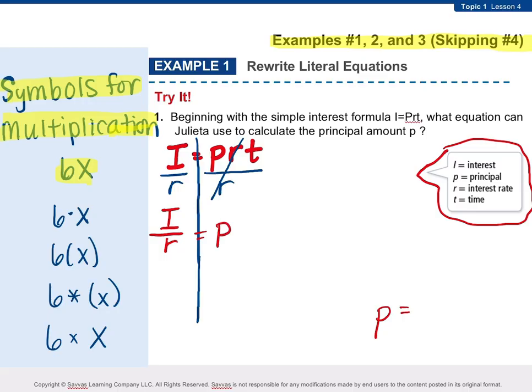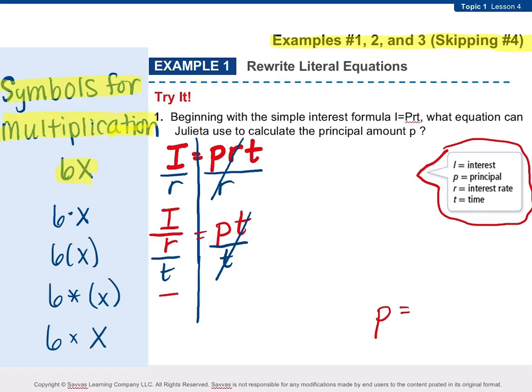equals P times T. Again, I want to get rid of the T. The opposite of multiply is divide. T divided by T is 1. They cancel each other out, 1P. But then I have to divide by T on the other side. This is where it gets confusing, which is why I went step by step. If I divide something that's already being divided by R, I wouldn't do two fractions like this.